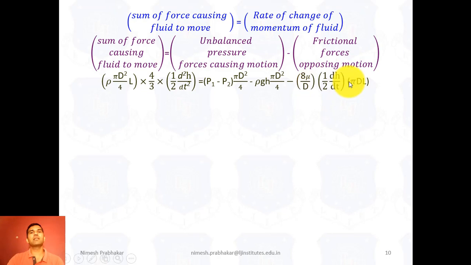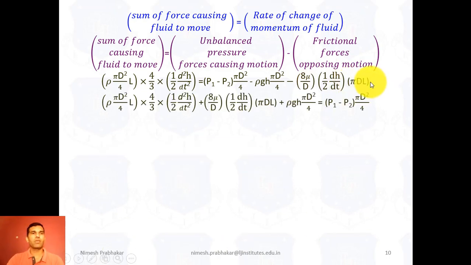Now we rearrange this term. So we get rho pi d square by 4 into L into 4 by 3 into 1 by 2 d square h by dt square. Now this term comes to the left hand side, so the minus sign becomes plus: plus 8 nu by d into 1 by 2 dh by dt into pi d L. Plus this term also comes to the left hand side, so the minus sign becomes plus: rho g h pi d square by 4, which is the P1 minus P2 into pi d square by 4.